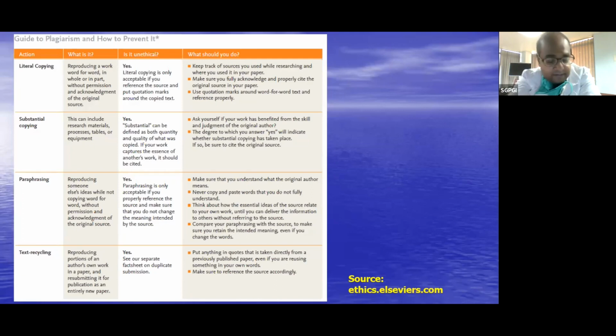Self-plagiarism is also a great problem, and it is considered unethical. If you're just recycling your old published work, it is unethical, and you have to cite that this was already shown. Most people hide this to get a new publication, but this is considered unethical. So text recycling is not permitted in research publication.